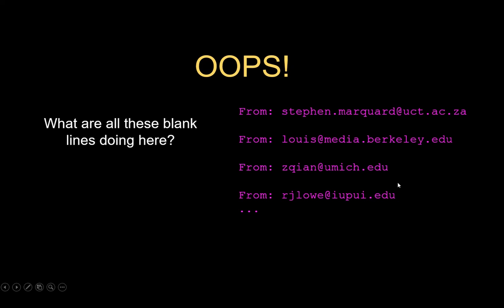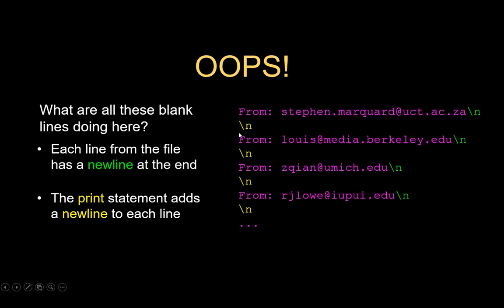The problem with that is the output. All of these lines have that specific phrase, 'From:' with capital F, colon, space, but we see an extra new line at the end of each.